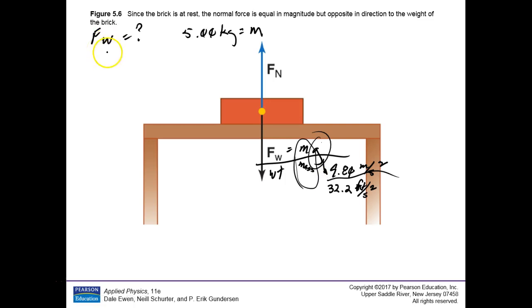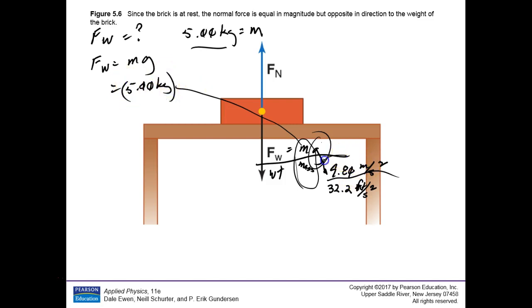So what would be the weight? F sub W is equal to, plug in your mass. F sub W is equal to mg. Your mass is 5.00 kilograms.